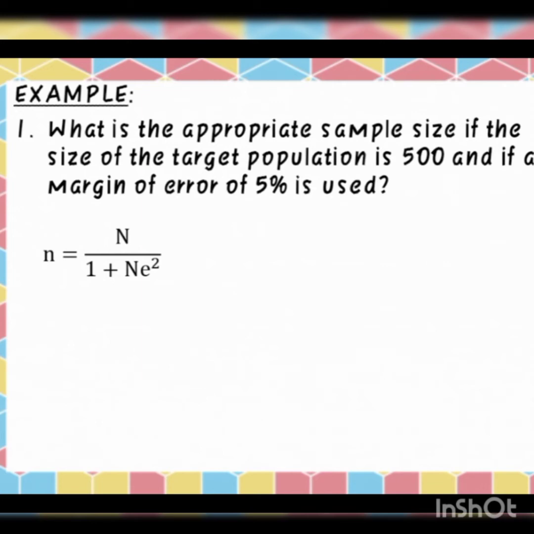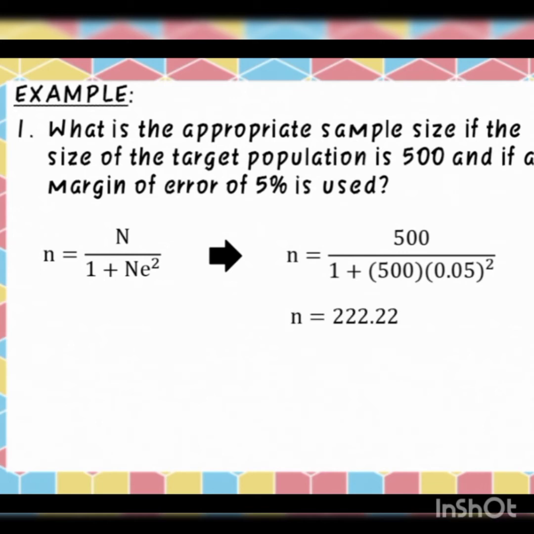We have the population 500 and a margin of error of 0.05. So we have 500 over 1 plus 500 times the margin of error 0.05, or 5%, raised to 2.